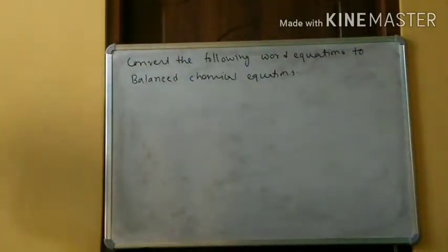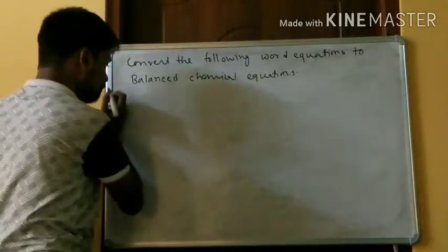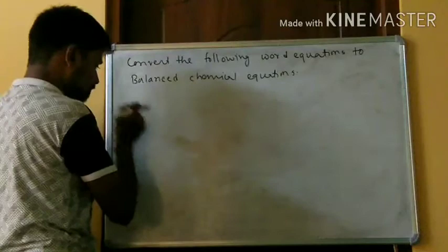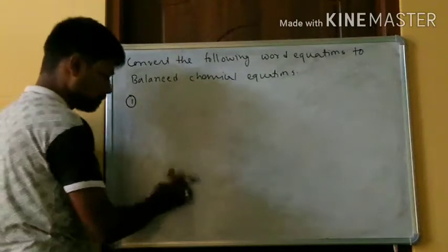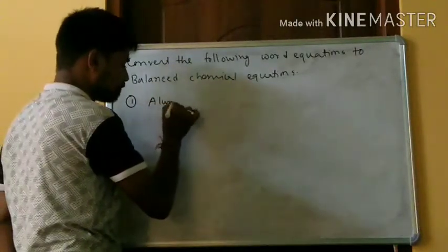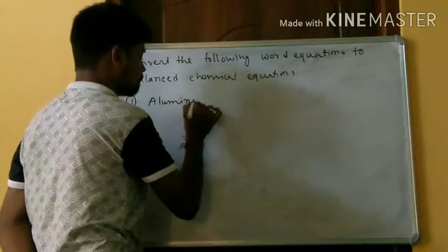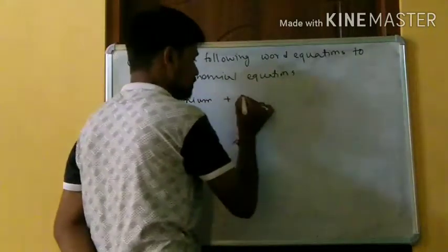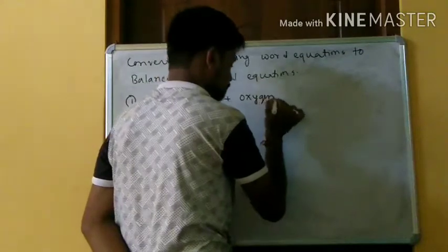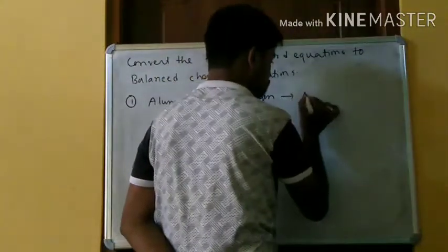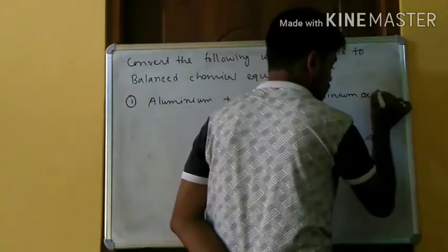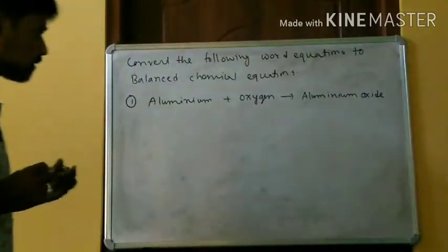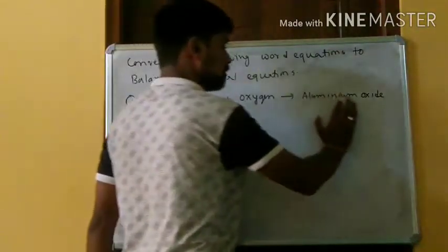So let us first write number 1: aluminium plus oxygen equals aluminium oxide.